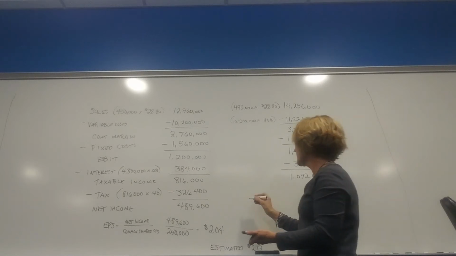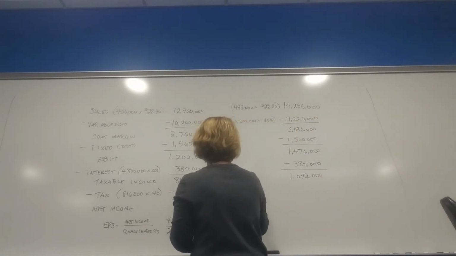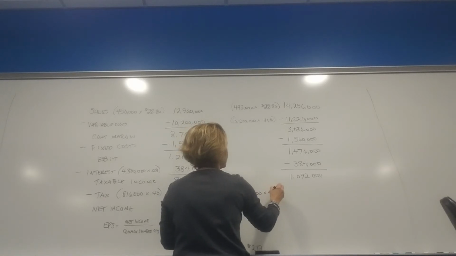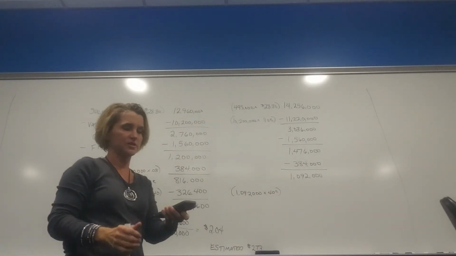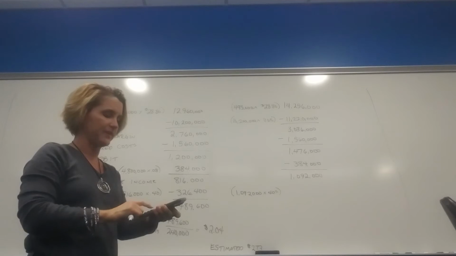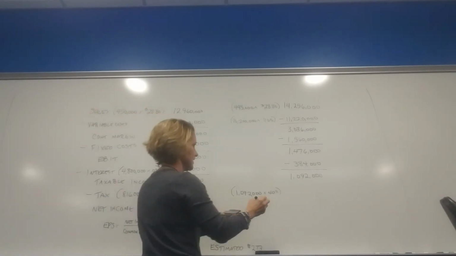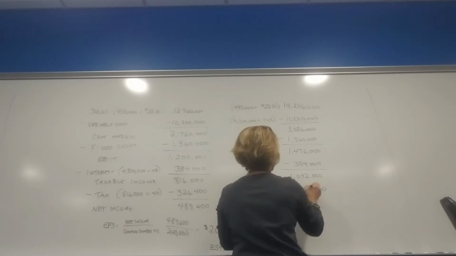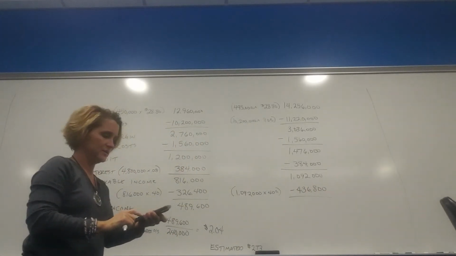That leaves me $1,092,000. Now my tax will change because that's my taxable income. As my taxable income changes, my tax expense changes. So I need to multiply that by 0.4 or 40%, and that gives me $436,800.